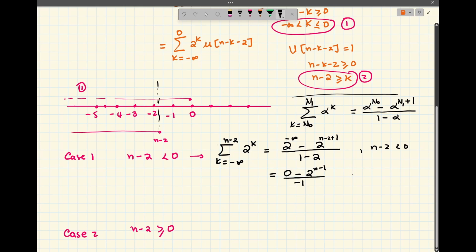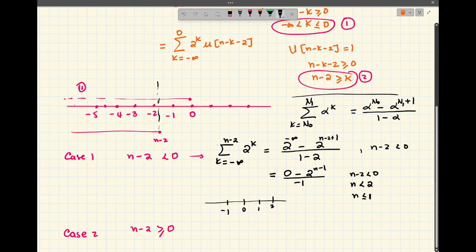So we are in discrete time, so n minus 2 less than 0. That means n is less than 2. But in discrete time, that means n is less than or equal to 1, right? If you think about it, we have 2, we have 1, we have 0, we have negative 1.